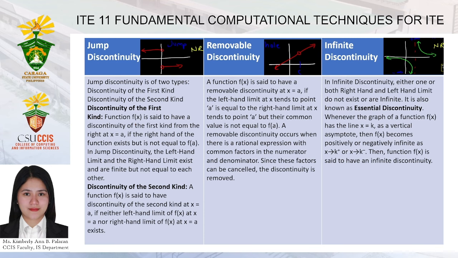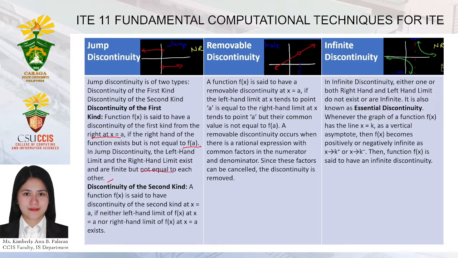Discontinuity of the first kind: the function f of x is said to have a discontinuity of the first kind from the right at x equal to a if the right-hand limit of the function exists but is not equal to f of a. In jump discontinuity, the left-hand limit and the right-hand limit exist and are finite but not equal to each other. Okay, they exist but they do not have the same value.